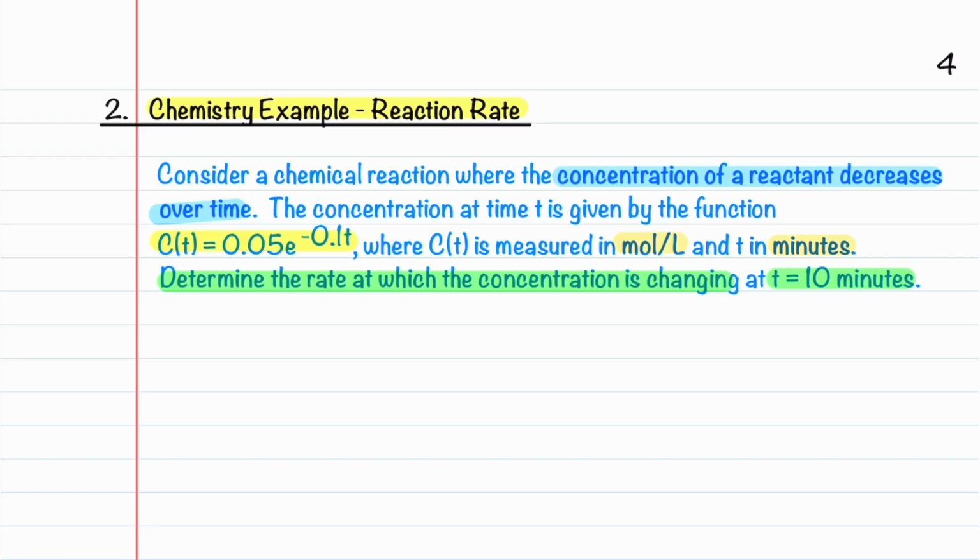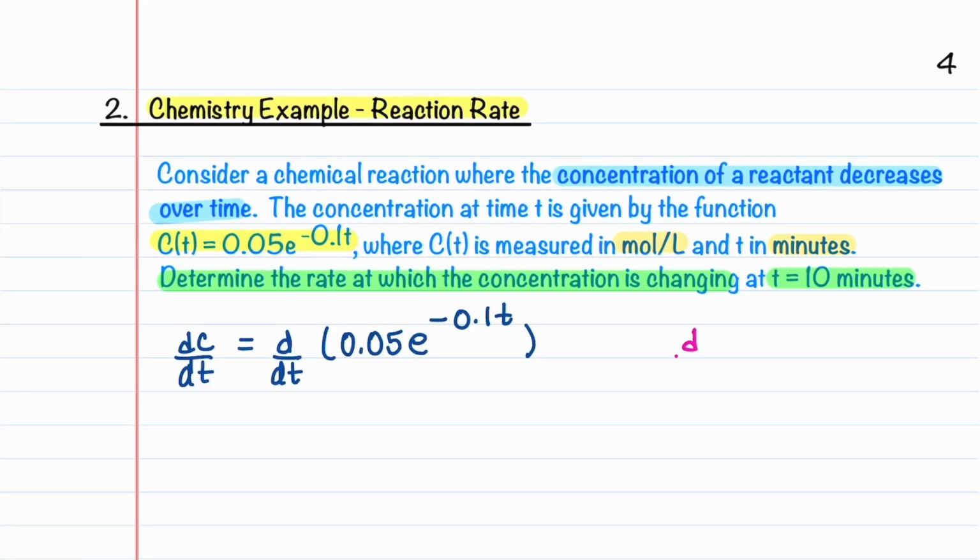The rate at which the concentration is changing is the rate of change of the concentration with respect to time. So that's just the derivative. So we are going to take the derivative with respect to time of our function 0.05 e to the minus 0.1 t. Because we're going to have to take the derivative of an exponential, let's just remind ourselves that the derivative with respect to t of e to the at is just a times e to the at.